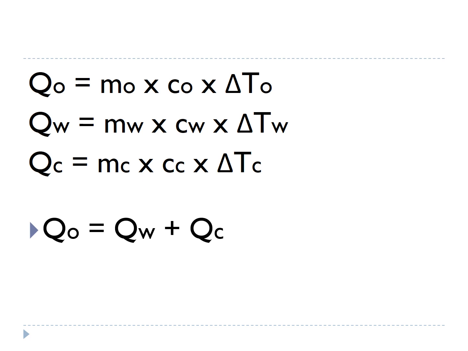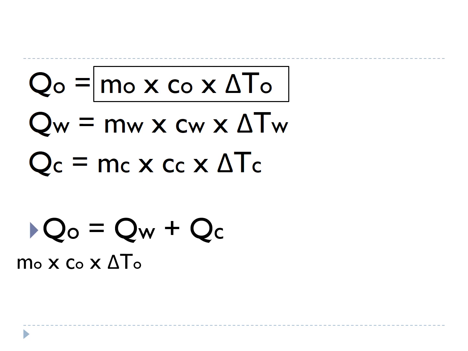Okay, now we already have an idea of what Qo, Qw and Qc are. The only thing we have to do is substitute in these. What is Qo? Qo is Mo into Co into delta To. Write it on the left hand side.